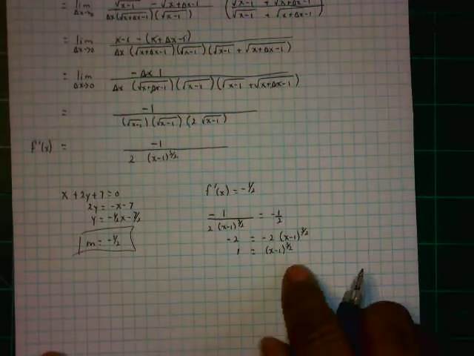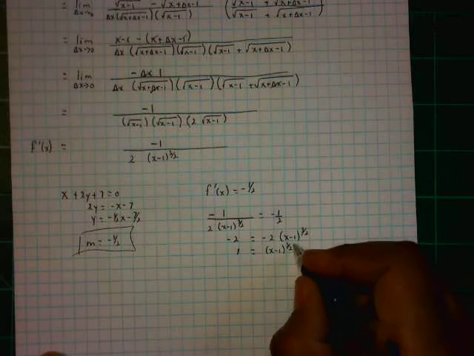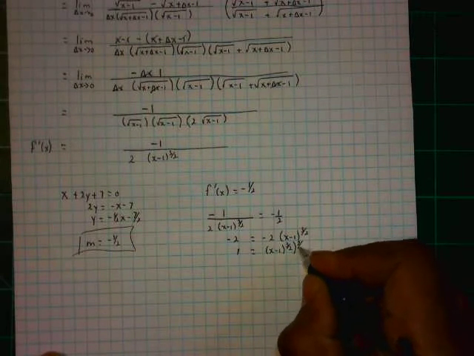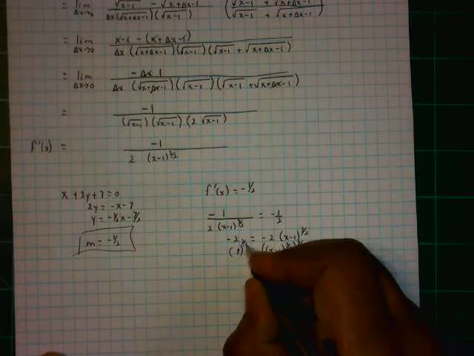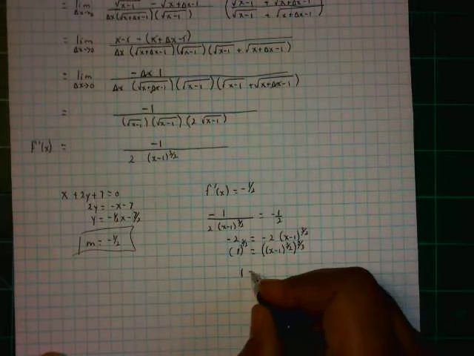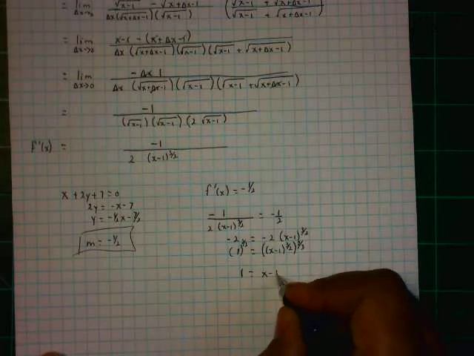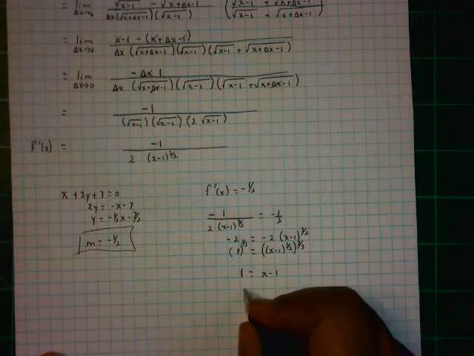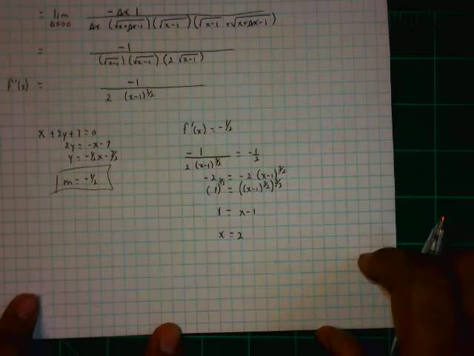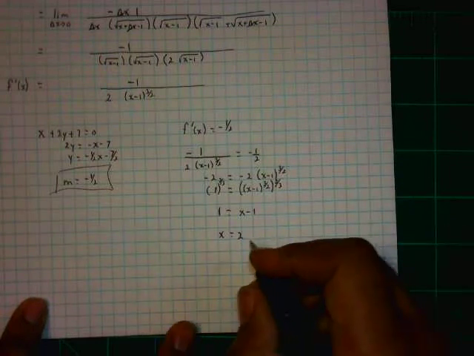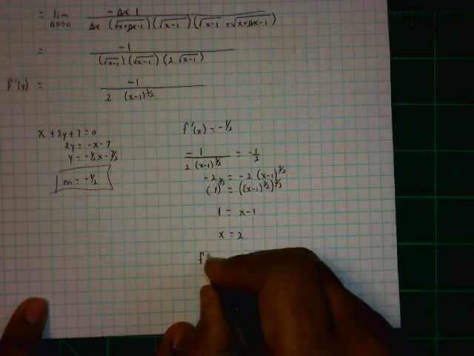But I need x, so I need to eliminate this exponent. If I raise it to the reciprocal of that, do the same on both sides. Now 1 to the 2/3 is still 1, but on this side I get x minus 1. Adding 1 to each side, I see that x is equal to 2. So I have my x value at the point. Now I need to find the y value to identify the point, so I need to evaluate f of 2.